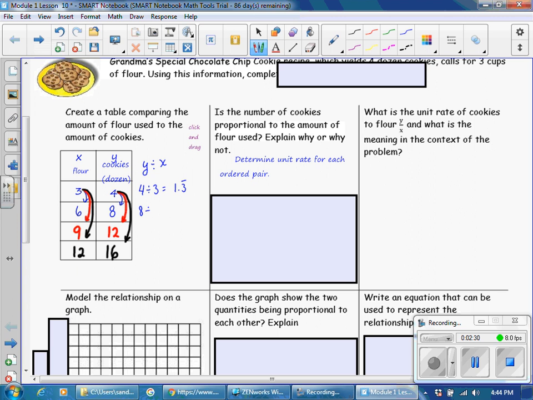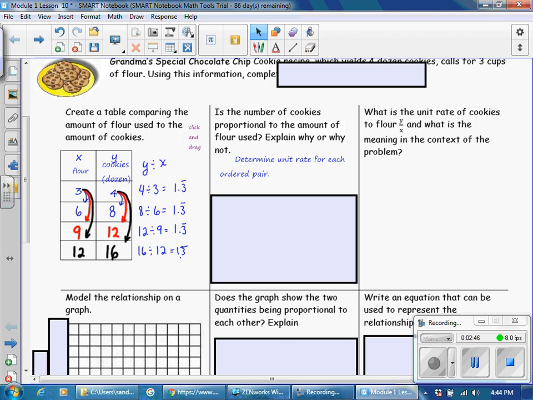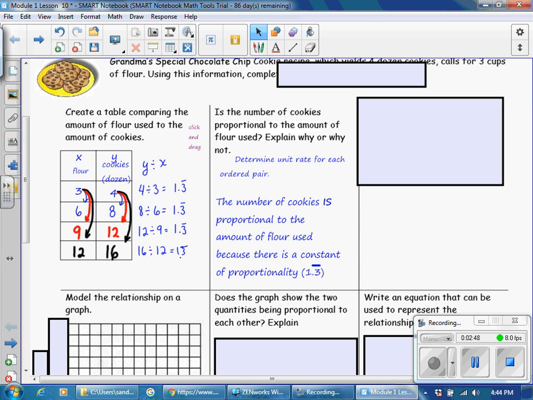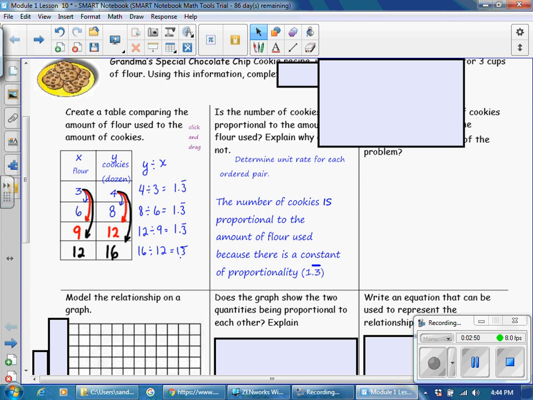And then 8 divided by 6 is 1.3 repeating. 12 divided by 9 is 1.3 repeating. And 16 divided by 12 is 1.3 repeating. So the number of cookies is proportional to the amount of flour used because there is a constant of proportionality, 1.3.